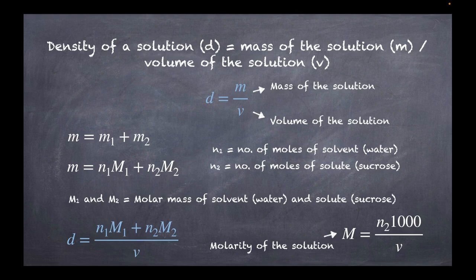Now we have to find chi1, that means the mole fraction of our solvent, water, in the solution. To find chi1 we have to start with the density.